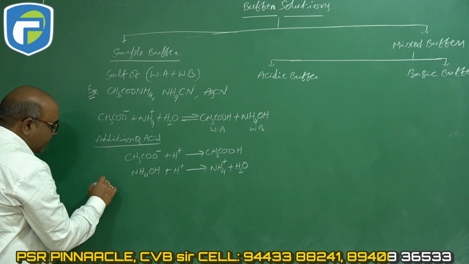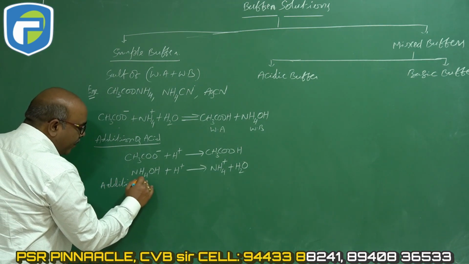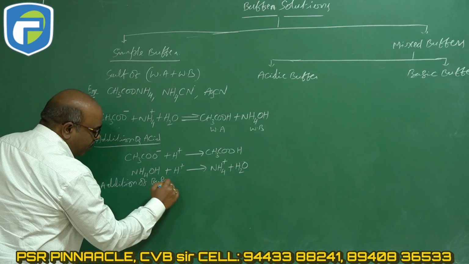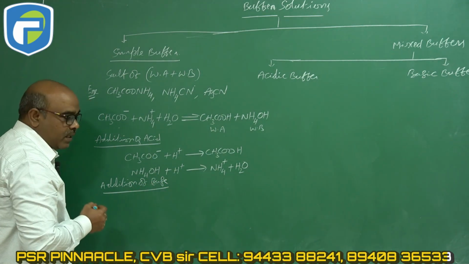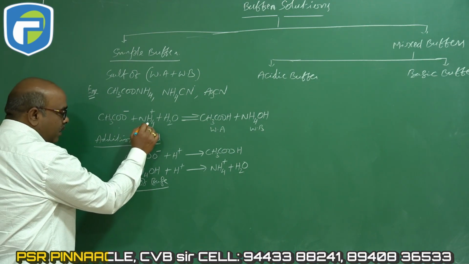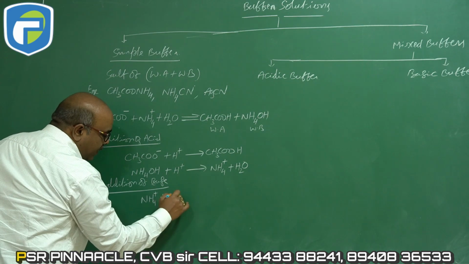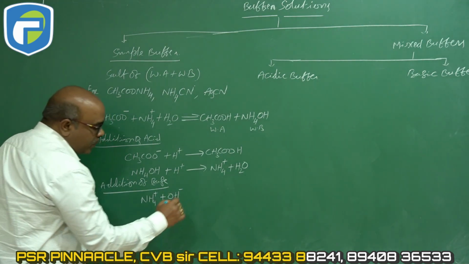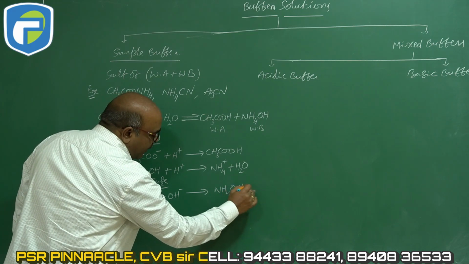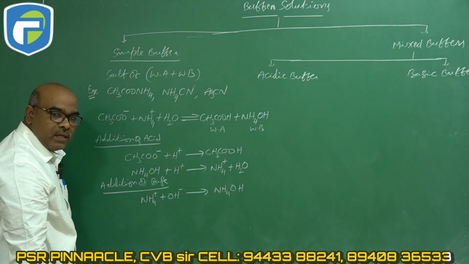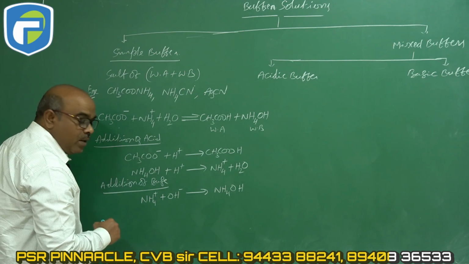By addition of base, you are adding OH minus ions. The NH4 plus ions present combine with the added OH minus ions to form NH4OH, a feebly ionized base, so there is no increase in OH minus ion concentration, and no change in pH value.